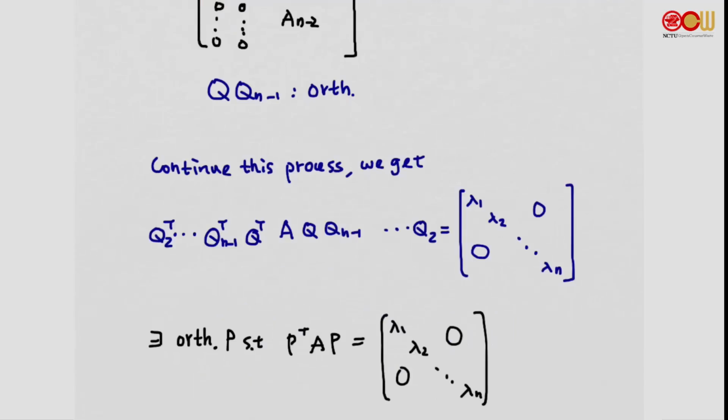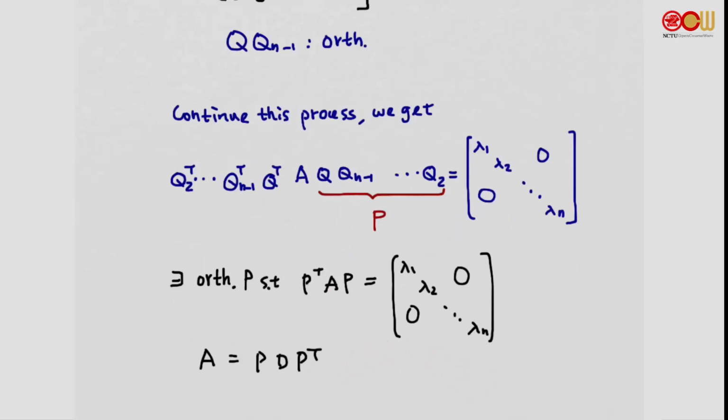And if we call this big product the P matrix, then we get P transpose A P equal to a diagonal matrix. Calling this diagonal matrix D, and multiplying both sides, this side by P and this side by P transpose, then we get A equal to P D P transpose.